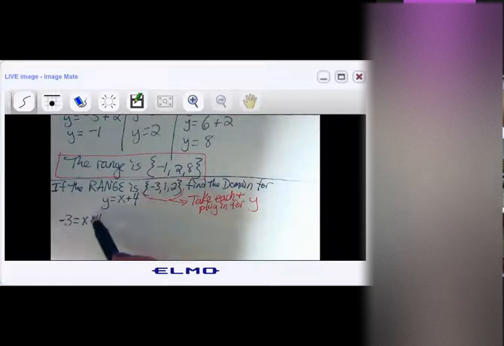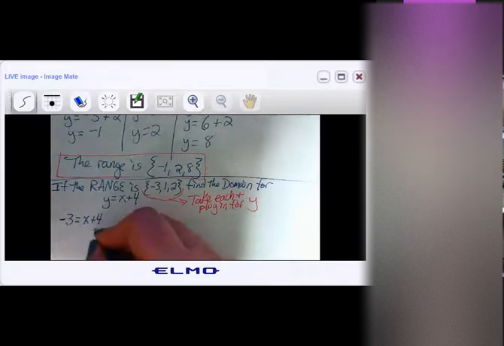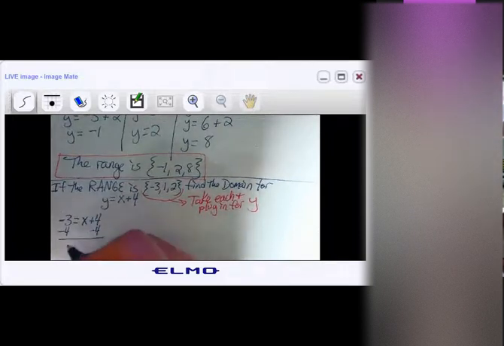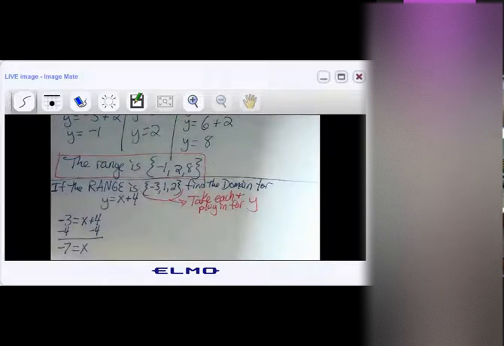What am I supposed to do with this 4? Subtract. Yes, thank you. I just subtract it from both sides. So -3 minus 4 is actually going to be a -7. So great, my first answer is -7.